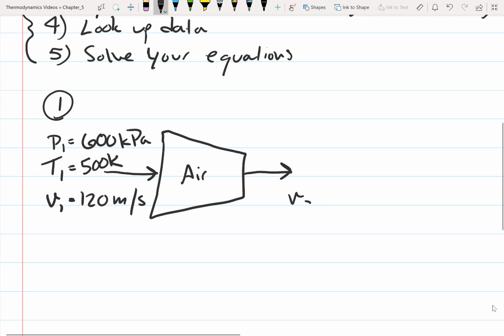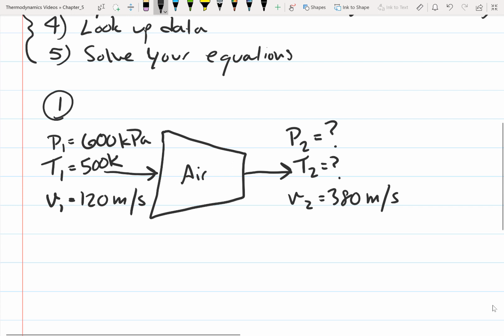Our exit velocity is 380 meters per second. And then I'm going to put P here. So we're looking for P2 and T2, the exit pressure and temperature.